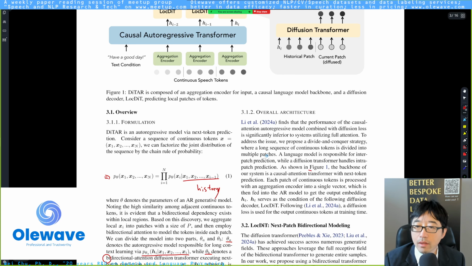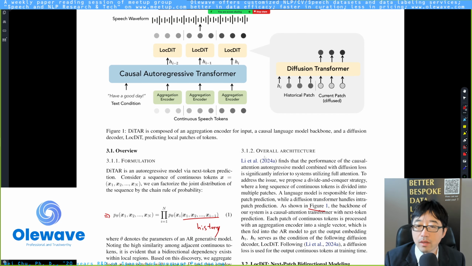This is why they mentioned in figure 1, the backbone of their system is a causal attention AR transformer. Like I said before, this is for speech generation. You can have a text condition as the initial input, for example, have a good day.